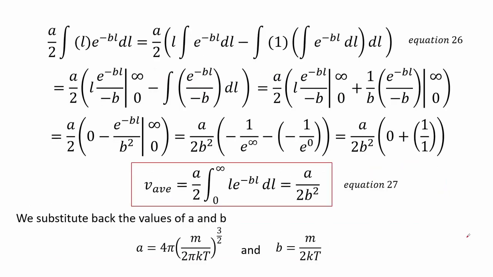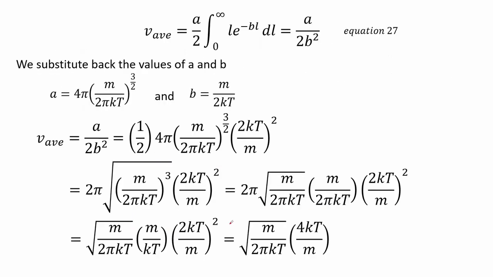We now evaluate the integral for the different terms in the range from 0 to infinity. We get that the average speed is shown in equation 27. We then substitute back the values of the a and b constants. Further simplifying the equation by substitution, we continue until it is reduced further.